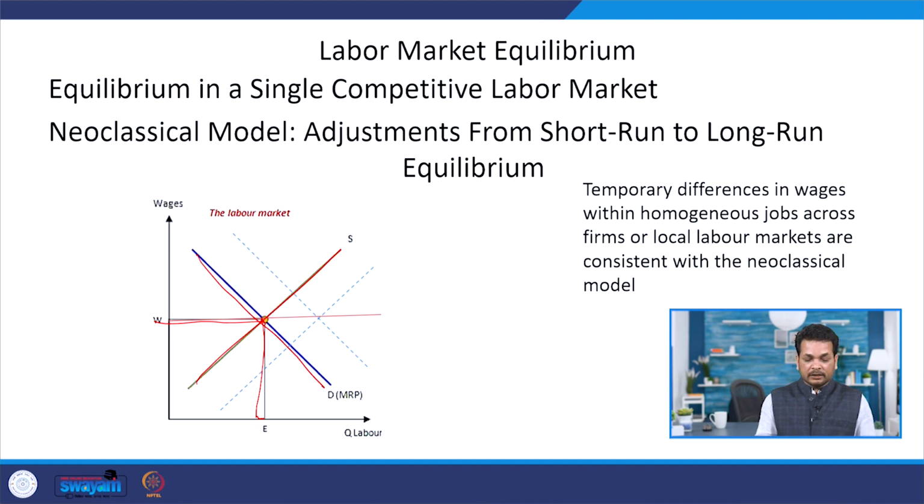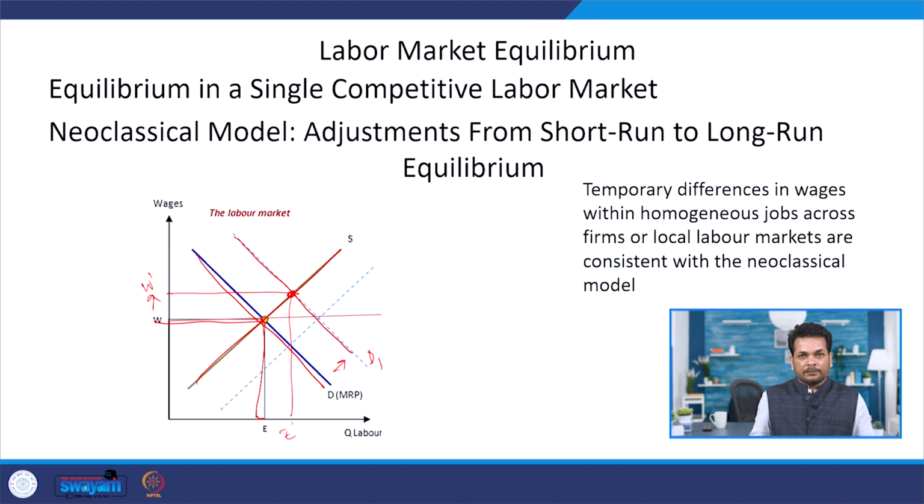Let us say the demand for labor has increased due to certain structural changes in the economy. Now, the demand function has shifted from D to D dash. As a result, you can see that in the short run the wages may increase from W to W dash, and employment may increase from E to E dash.